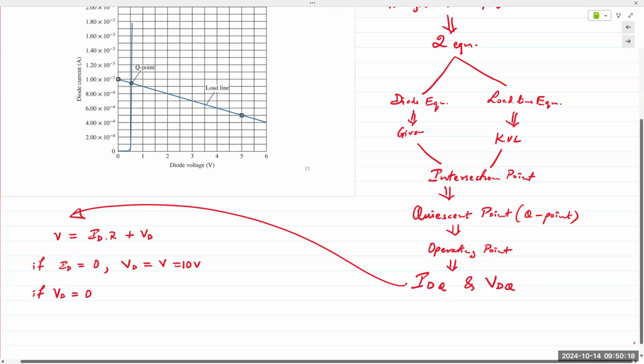If VD is 0, then ID is V over R. You get 10 divided by 10,000, or 1 milliamp.